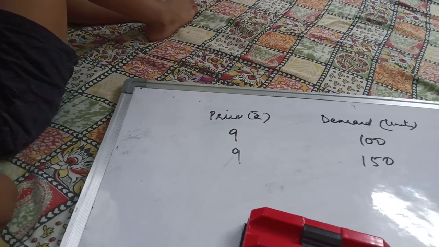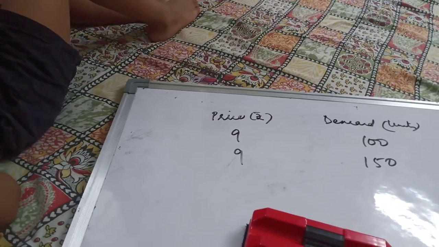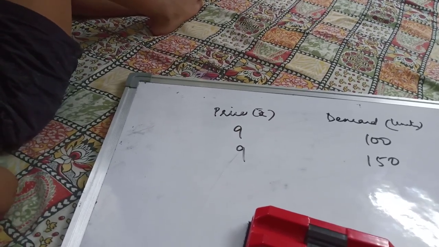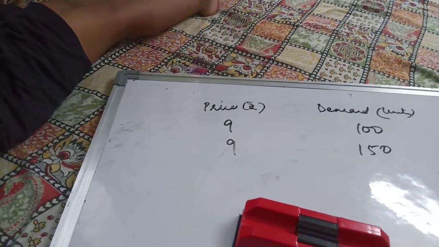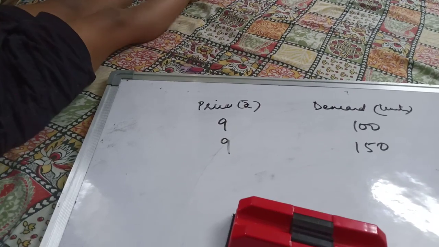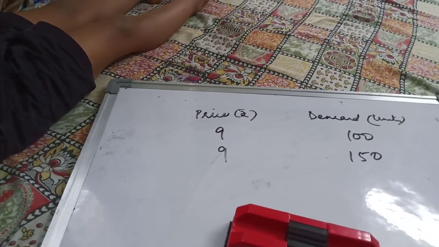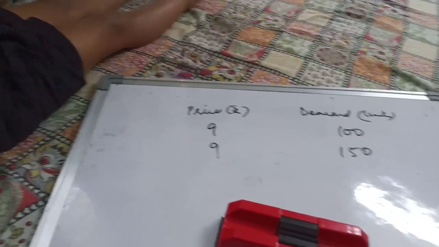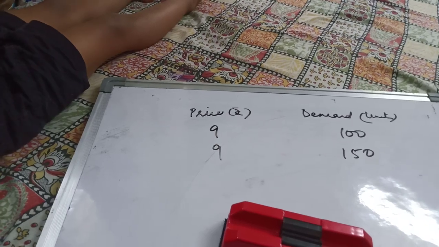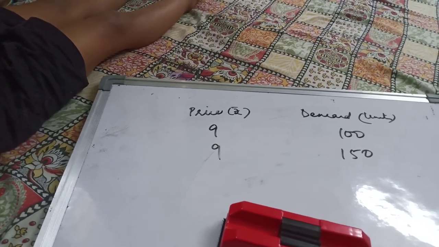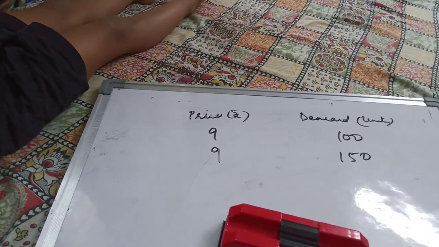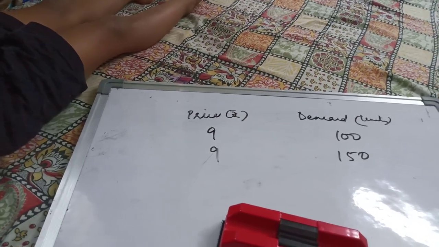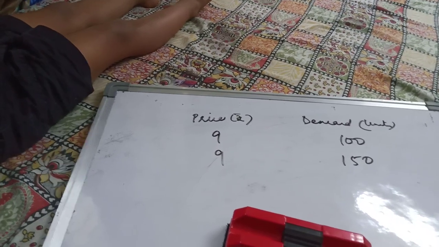Calculate elasticity of demand. Question number 6. Elasticity of demand of a good is minus 1. When price falls by rupee 1, its demand rises from 16 units to 18 units. Calculate price before change and after change.